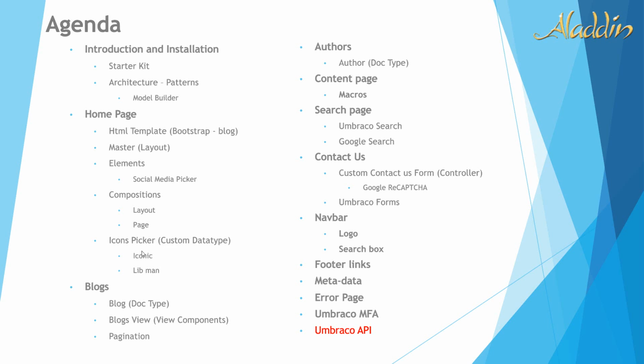As I mentioned before, this part could be done in two ways. The easiest way is to add just a text box, where you copy the icon from Font Awesome and paste it in. The other one is a library called Iconic, which someone wrote to work with Umbraco.